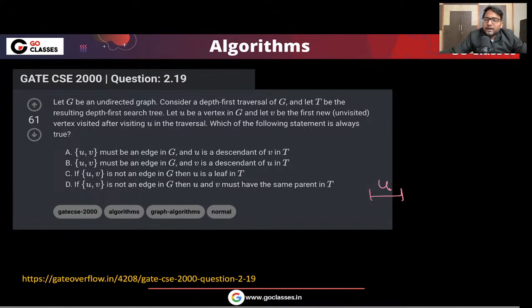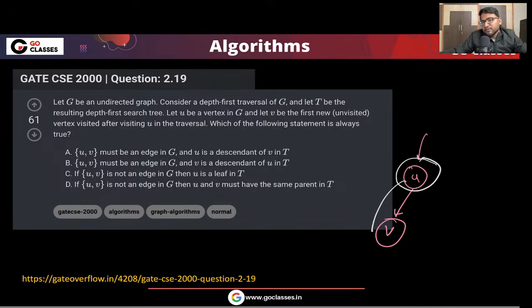Or this is U, this is V, one case where immediately after visiting U, you visit V. Maybe this edge could be reversed, or may not even be an edge. You backtrack on U and later on you visit V.